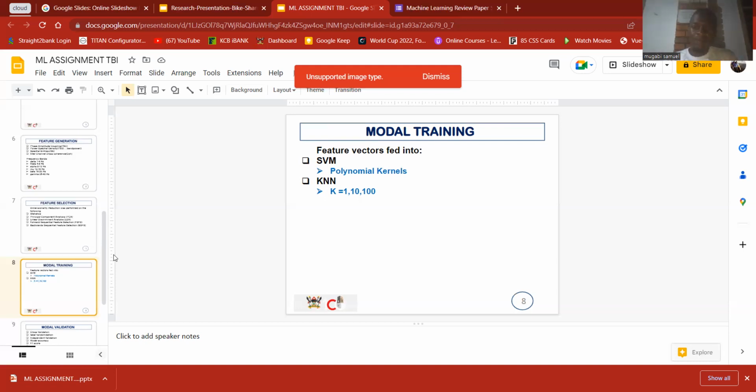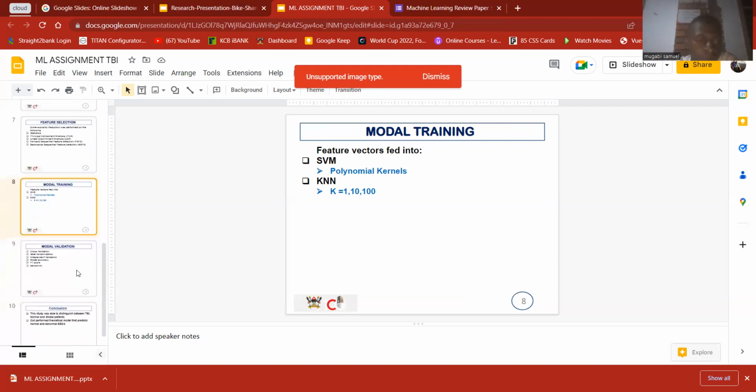If most of the 10 neighbors, the highest percentage of the 10 neighbors, is normal or has stroke, this data point is considered to have stroke. And if for the 10 nearest neighbors the highest are normal, then this data point is considered to be normal. That's mainly it for KNN.